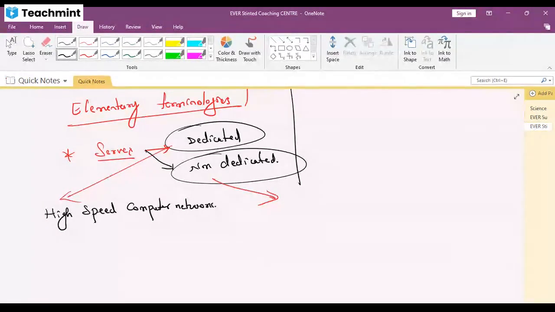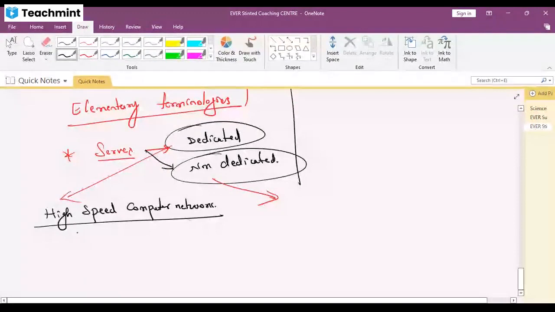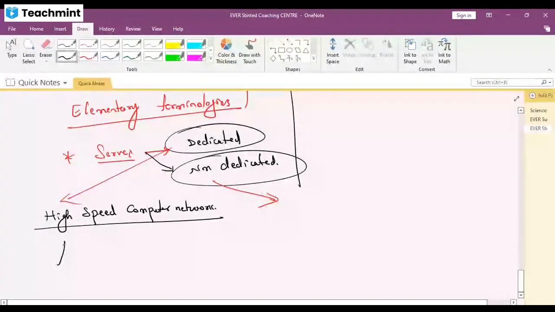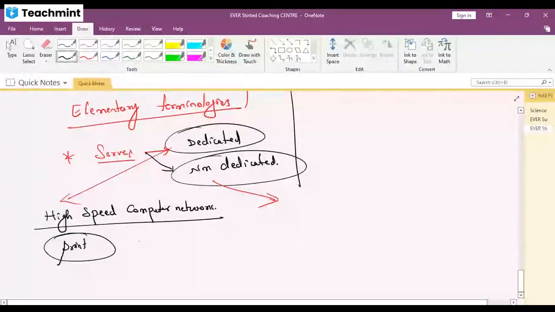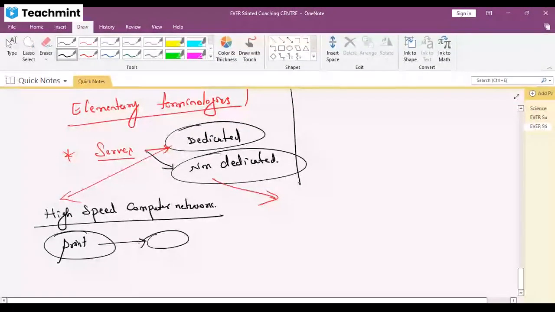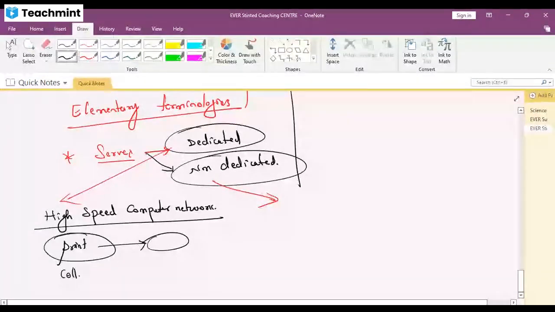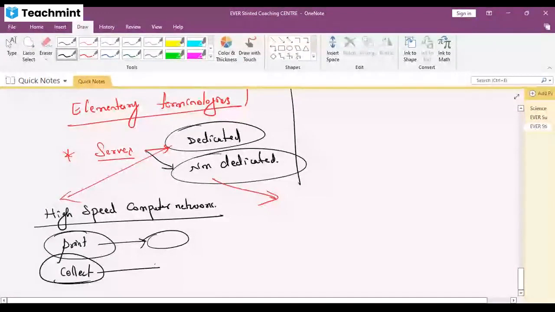So what we do here, we use dedicated servers. If you want to print, all printing information is assigned to one server. He will manage only printing. Another I use to collect the data, and he will perform only the collecting activities. He doesn't perform any other function.